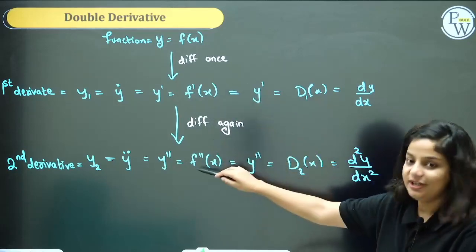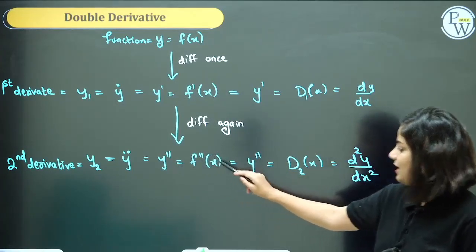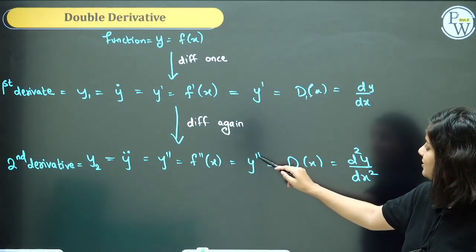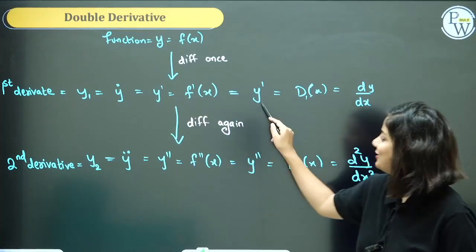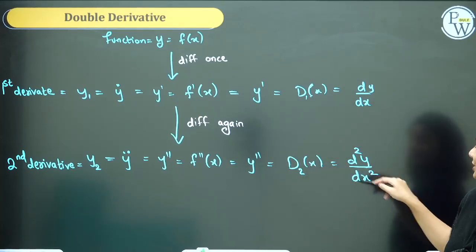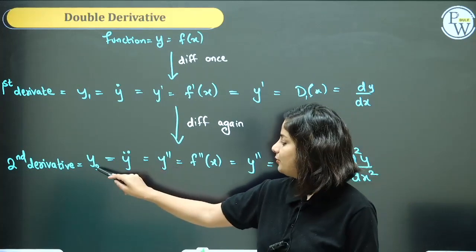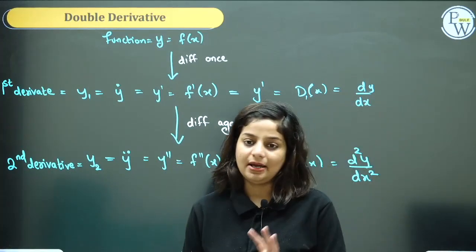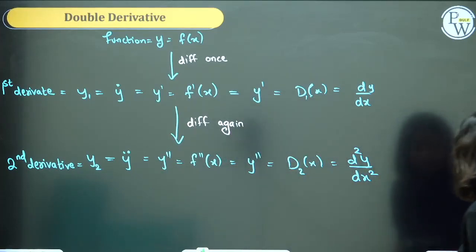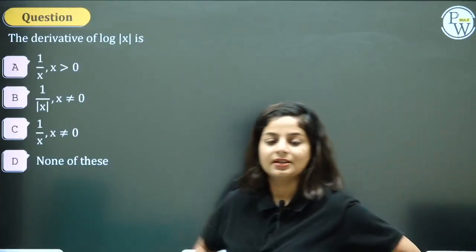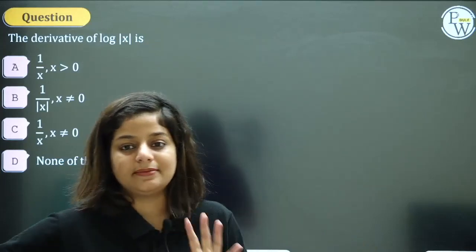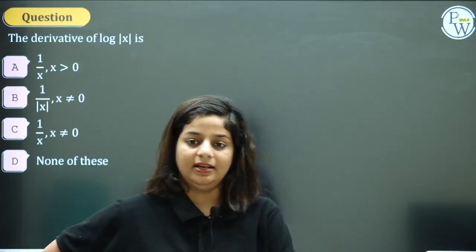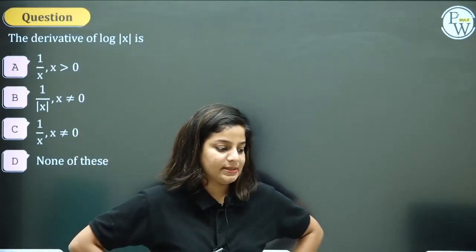And if you differentiate it again, y double dash, f double dash, d2y by dx square, y double dot, y2, second derivative. These are different ways to write double derivative. So let's do some questions on all these methods of differentiation, and then in the end we will revise Rolle's and mean value theorem.